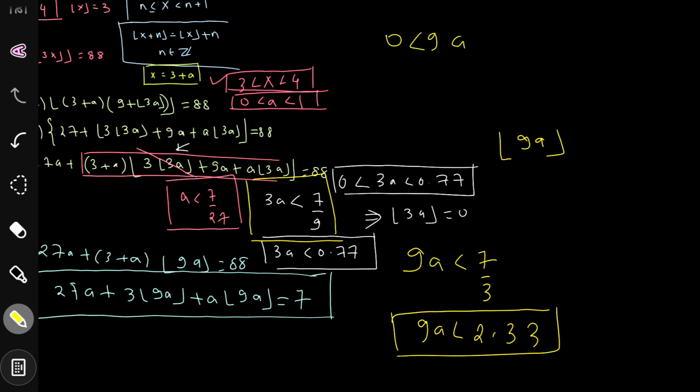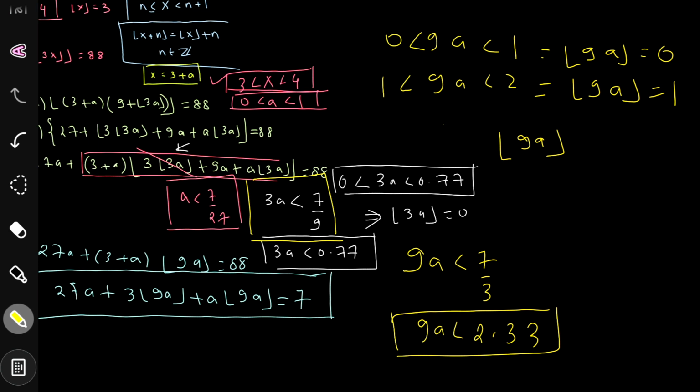Okay. Now the floor value of 9 times a can have 3 possibilities. Suppose 9 times a is smaller than 1 and greater than 0. For this range, the floor value of 9 times a would be equal to 0. Now the other range, suppose 9 times a lies between 1 and 2. For this range, the floor value of 9 times a would be equal to 1. And one more possibility can be there.